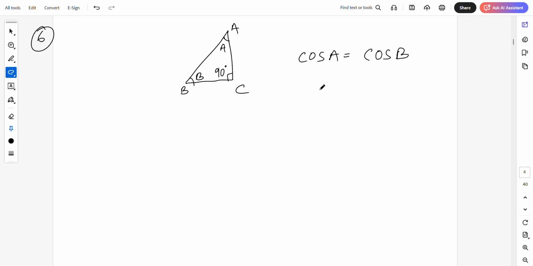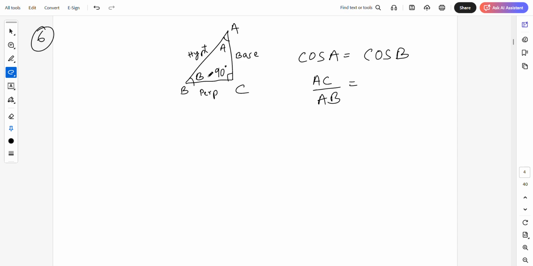Cos A is equal to cos B. What is cos? Base by hypotenuse. This is base, this is hypotenuse, this is perpendicular. Cos A is base by hypotenuse, that is AC by hypotenuse AB.